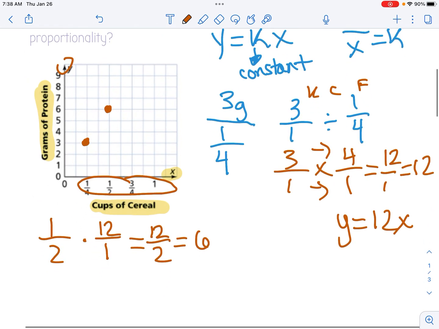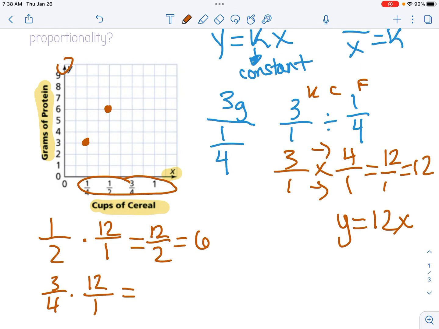Then I have 3/4 times my constant of 12. So 12 times 3 is 36, and 4 times 1 is 4. And when I divide those two, I get 9.